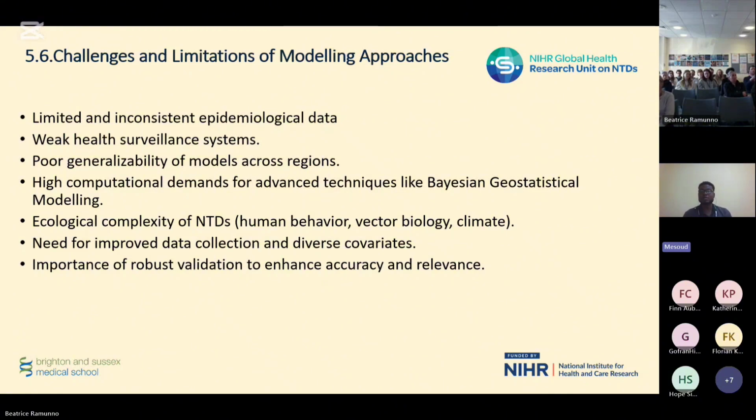As well, the ecological complexity of skin NTDs and human behavior: the behavior of humans is too complicated to be understood by computers or by numerical methods. Vector biology and climate also need improved data collection. We need to improve data collection and validity, so the importance of reporting is to enhance accuracy and relevance.